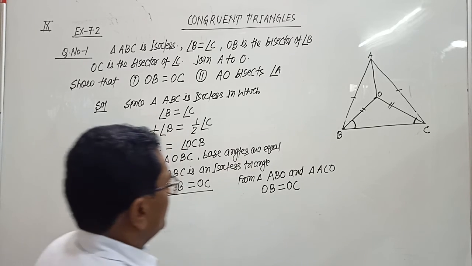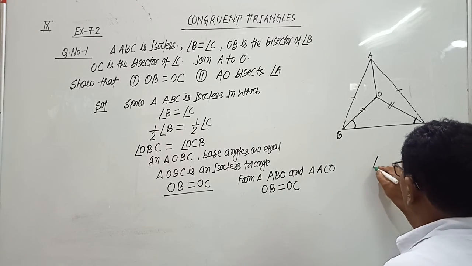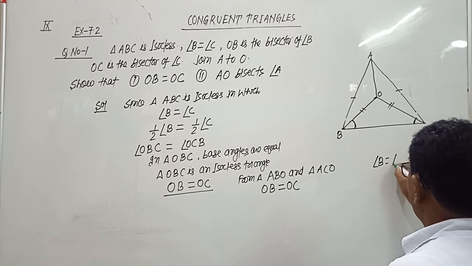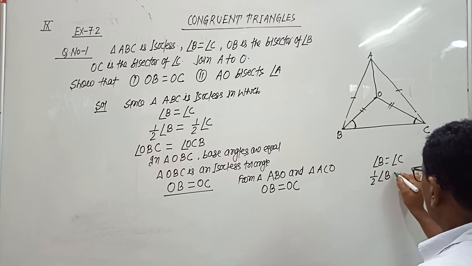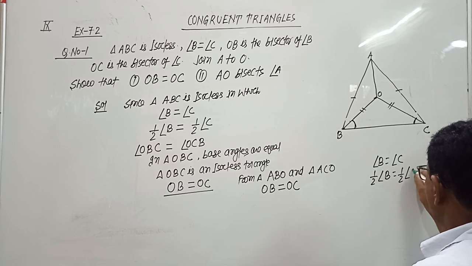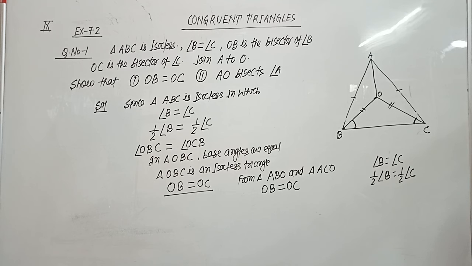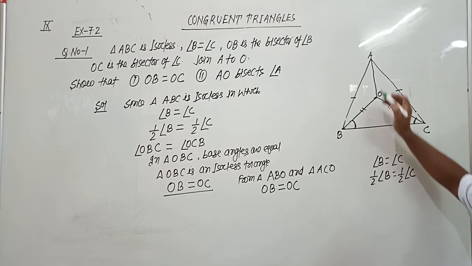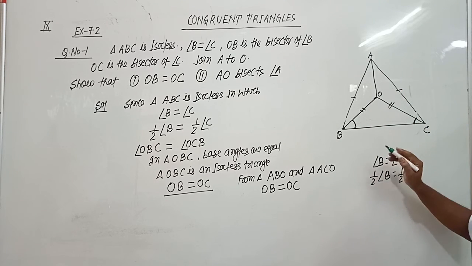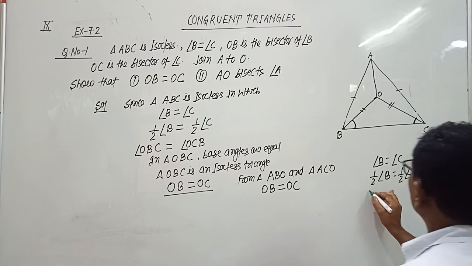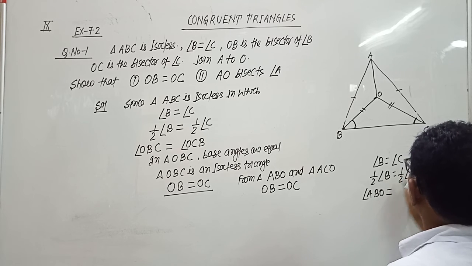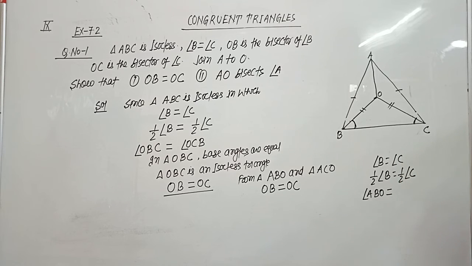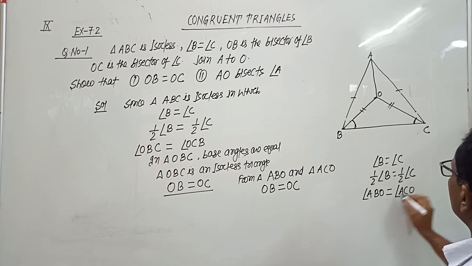And we are given that angle B equals angle C. Multiplying by half, half of angle B equals half of angle C. Half of angle B can also be written as angle ABO, and half of angle C as angle ACO.